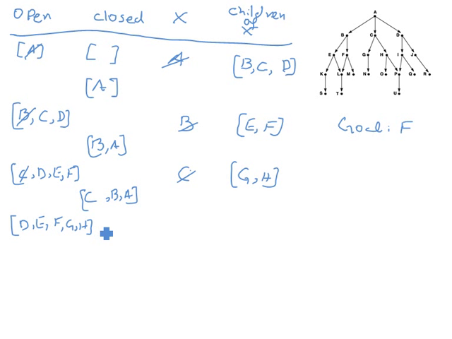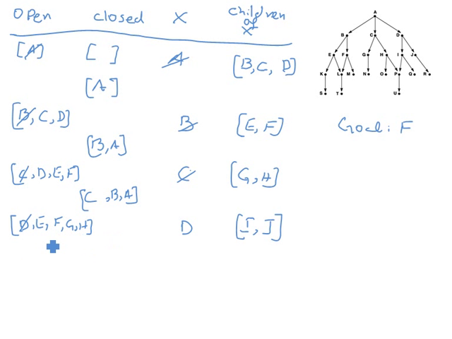It is not, so we are going to take the leftmost element from our open list and put it in X, which is D, and we're going to generate the children of D. In this case, they are I and J. Now we'll check again, I and J, are they open or closed?